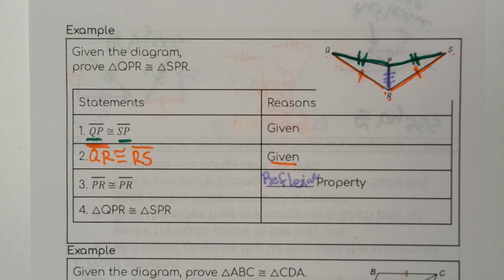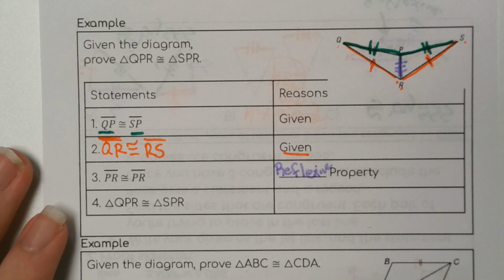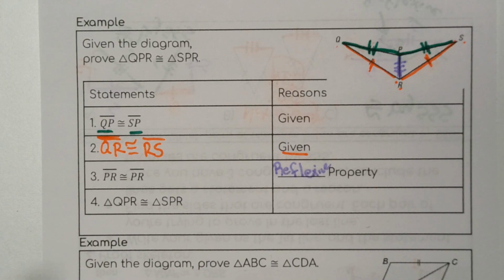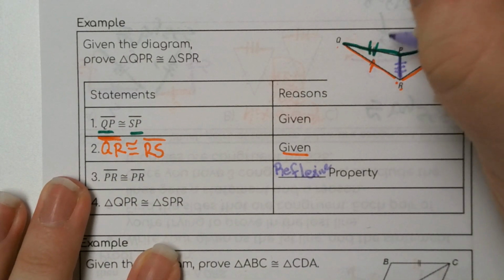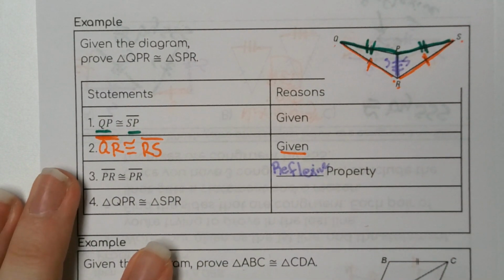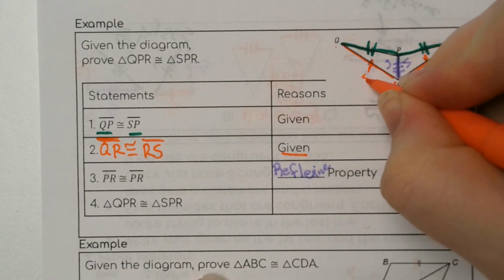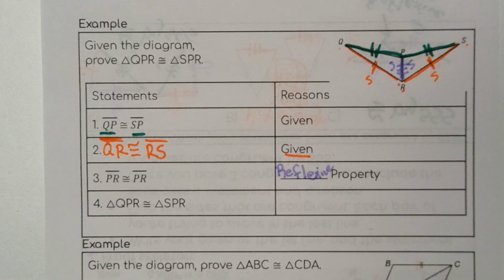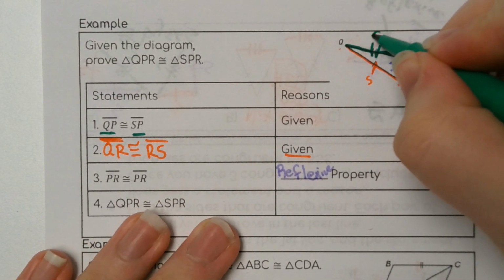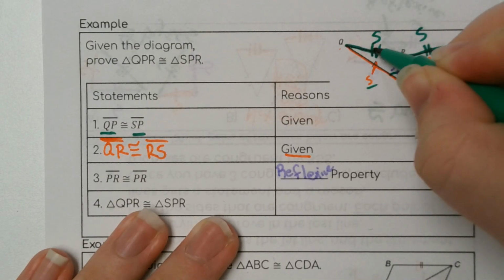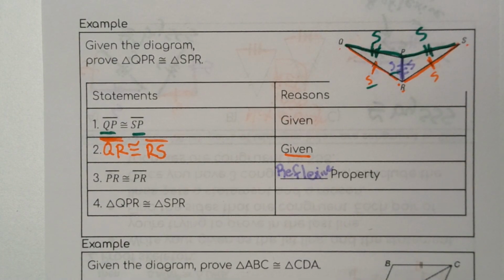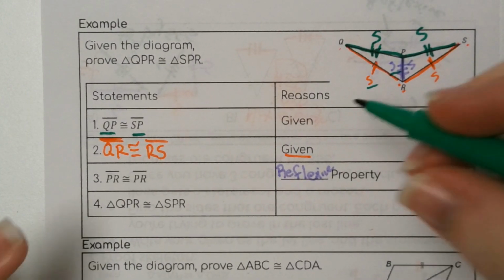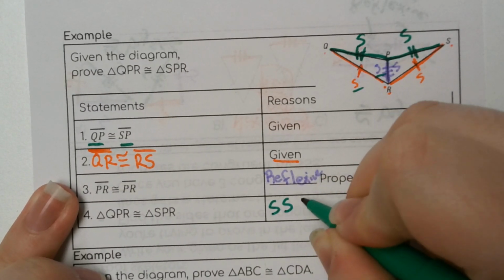If you put reflection property, I'll probably count it. Okay, so now, if we labeled these with our S's, it spells out SSS with our 3 sides. SSS on both triangles. So we can say that they are congruent by SSS.